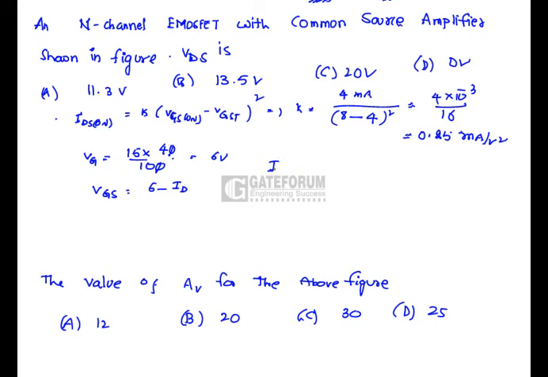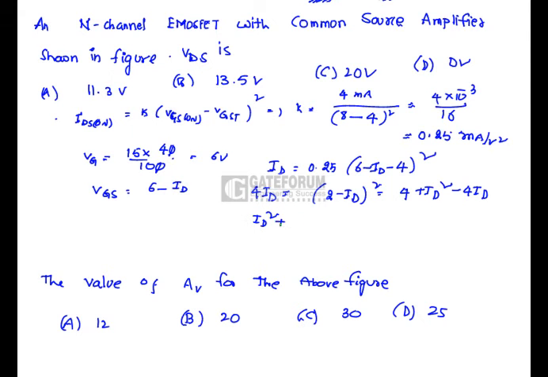Now ID equals 0.25 times (6 minus ID minus 4) whole square, which is 4 ID equals (2 minus ID) whole square, which is 4 plus ID square minus 4 ID, that is ID square minus 8 ID plus 4 equals 0. This is the quadratic equation we are getting.